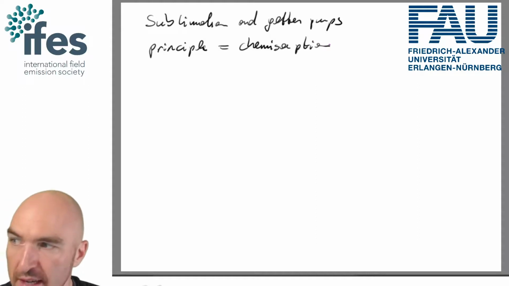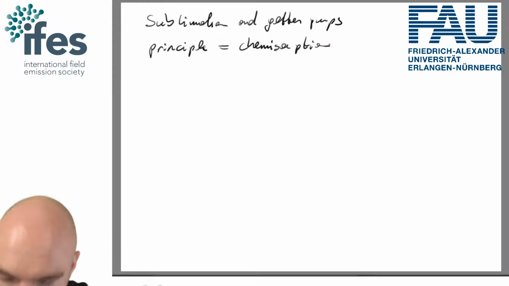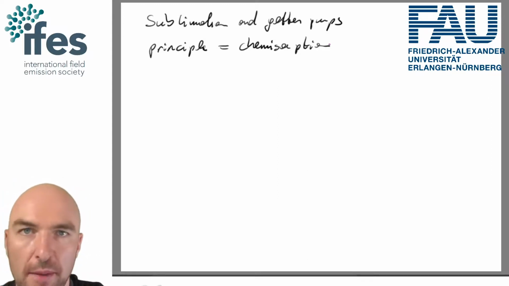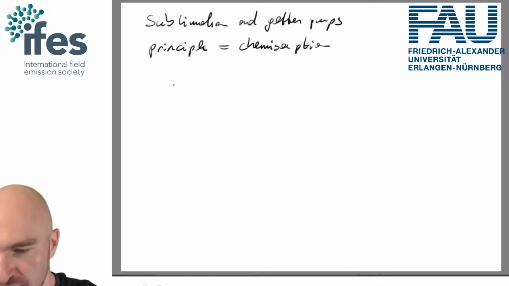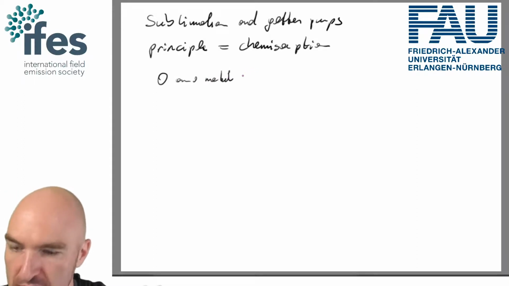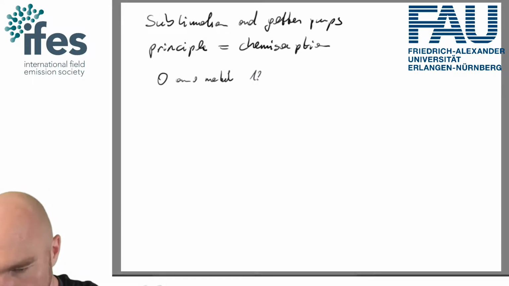So essentially we provide a surface that our molecule chemically bonds with. And if you for example look at oxygen on metal, on general metal surfaces, just like a steel surface or something like that, it will have 12 to 17 kilojoules per mole.